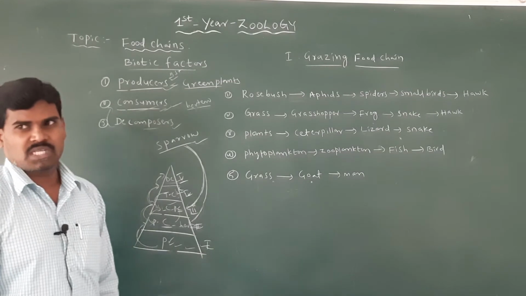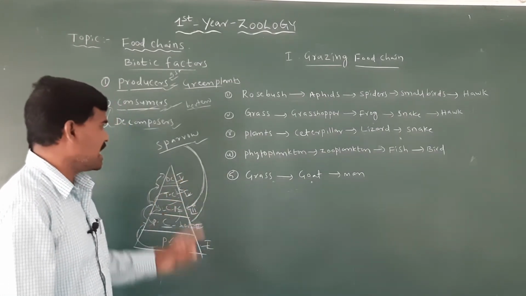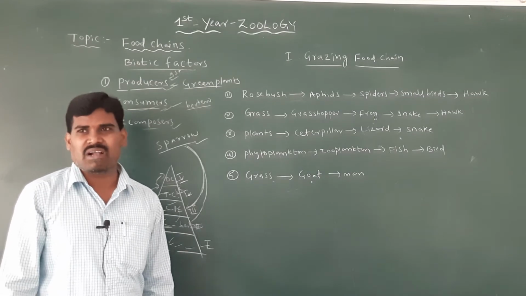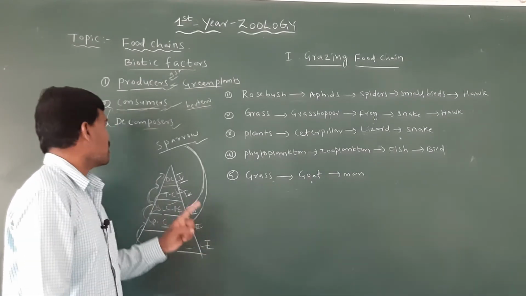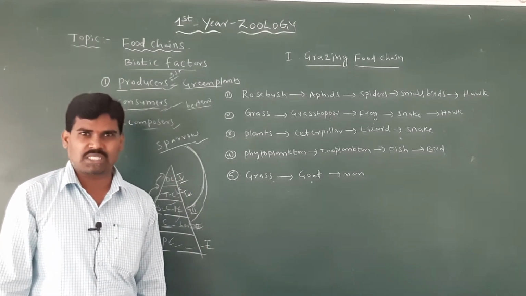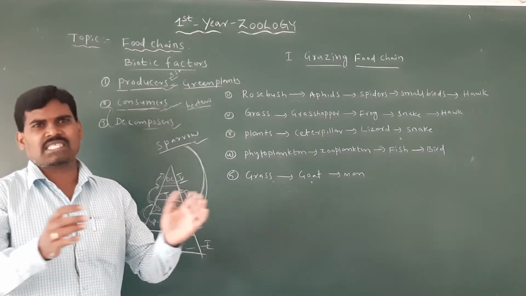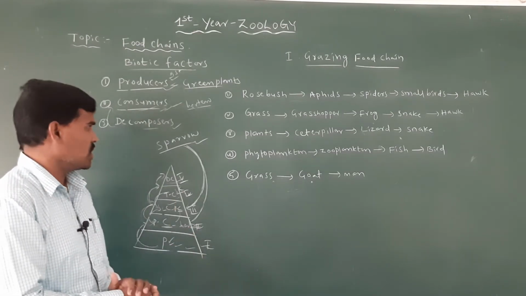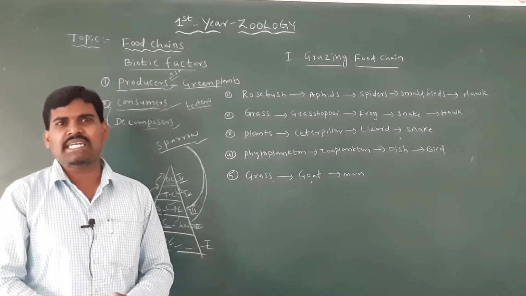Decomposers are bacteria and fungi. Decomposers are also detritivores. They feed on the detritus and the humus. Detritus is leaf litter and detritus materials.